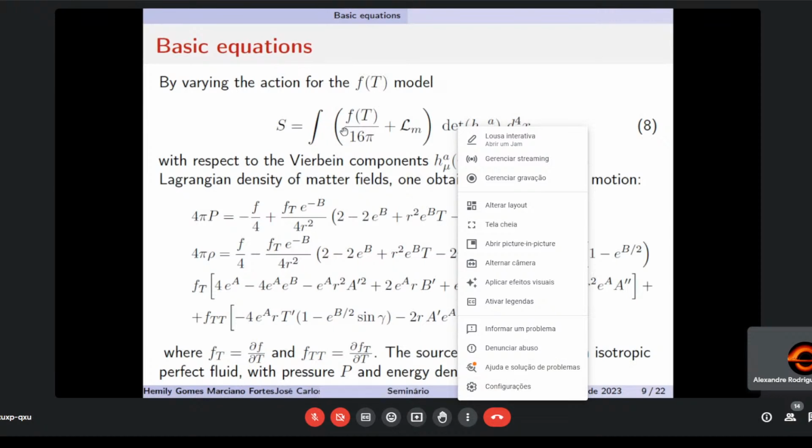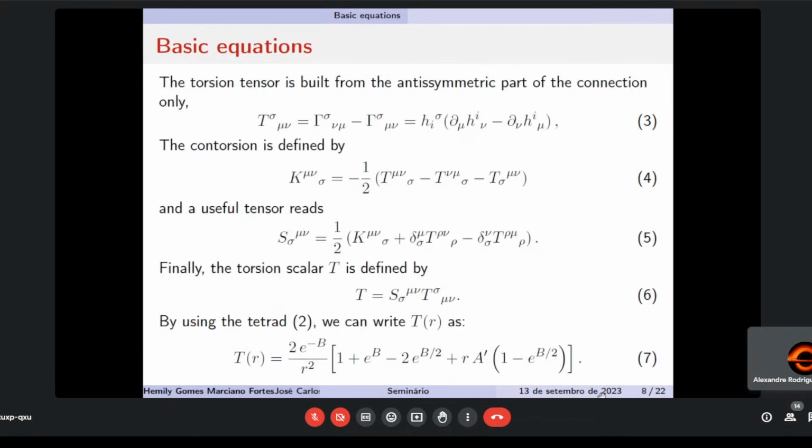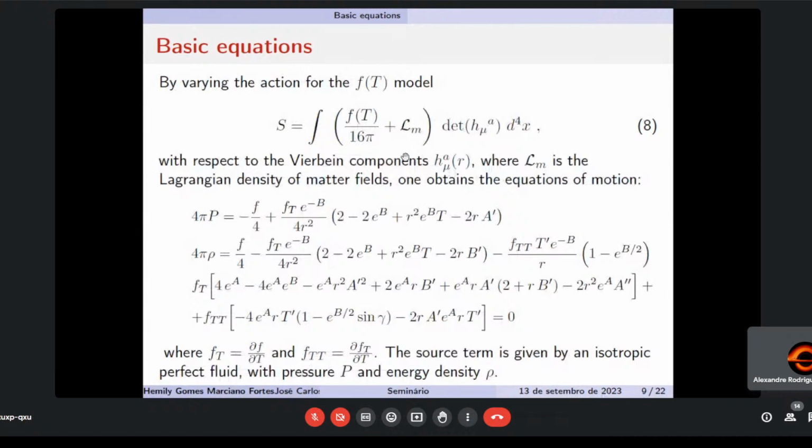So we have here an arbitrary function of T, where T is given by 7, and we have the Lagrangian density of matter fields here.